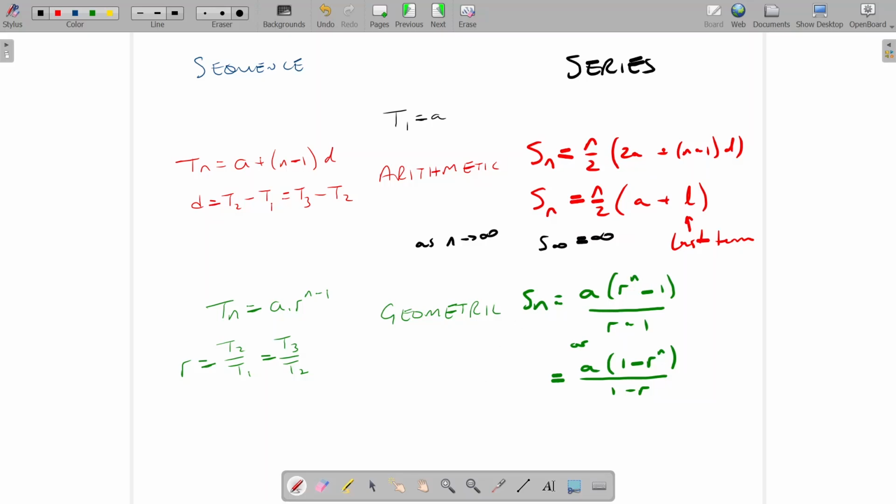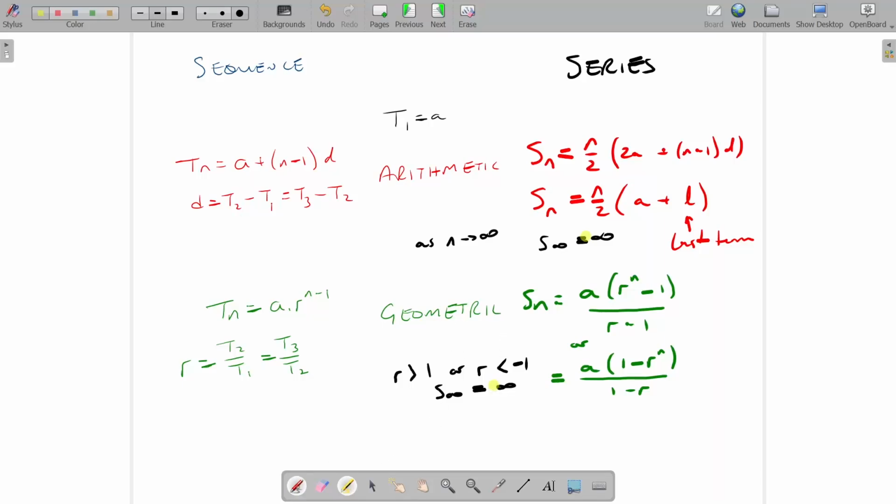However, a geometric pattern is very interesting, because if r was bigger than 1, or r was less than -1, then the sum to infinity would equal positive or negative infinity. I know I'm not writing the plus or minus sign there, where this yellow dot is, and I'm leaving it out on purpose.